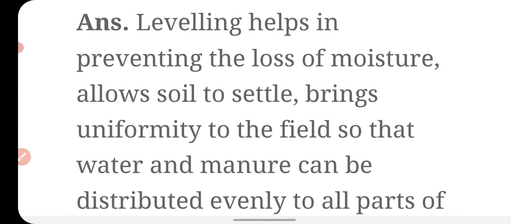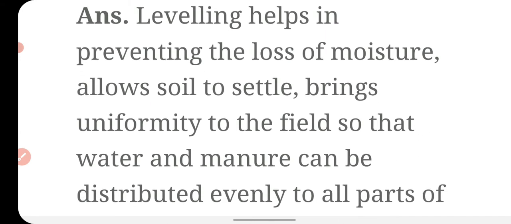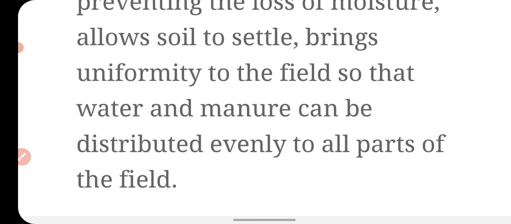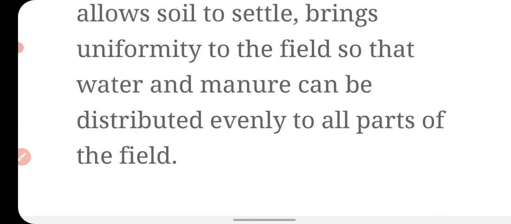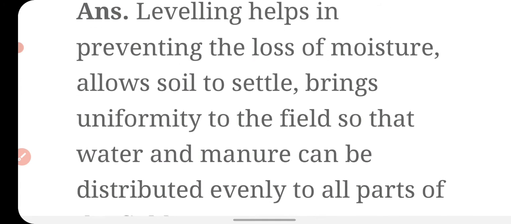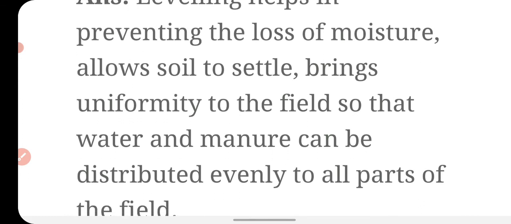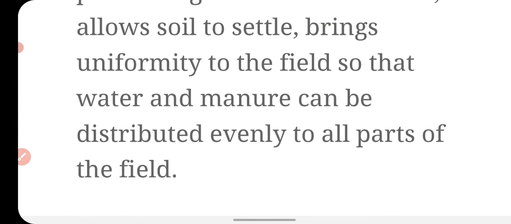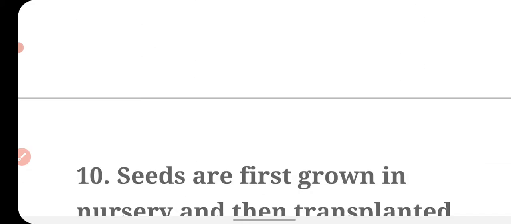Leveling helps in preventing the loss of moisture, allows soil to settle, brings uniformity to the field so that water and manure can be distributed evenly to all parts of the field. When we level the field, it becomes even, and in the process of distribution of water and manure, it is very easy to spread it out evenly all around the field.